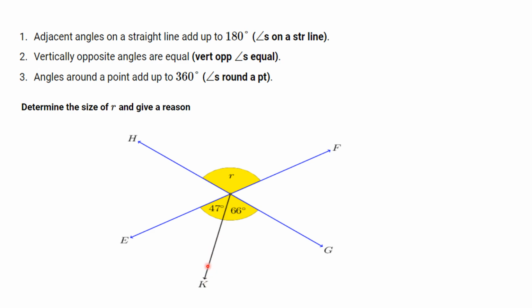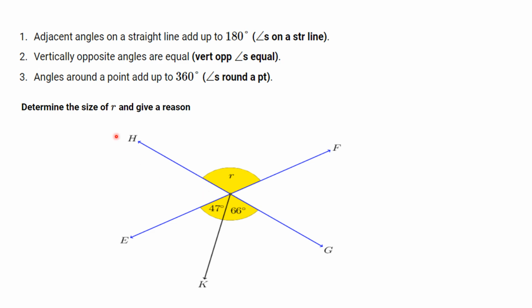So that arm there makes 47 and 66 adjacent angles. We know that adjacent angles on a straight line should add up to 180 degrees. But 47 and 66 are not on a straight line because we still run short of this angle here.